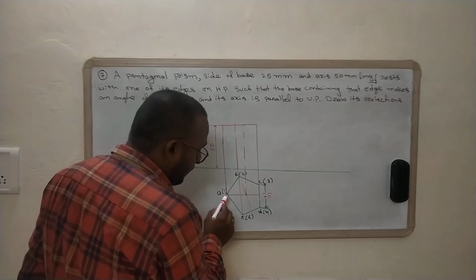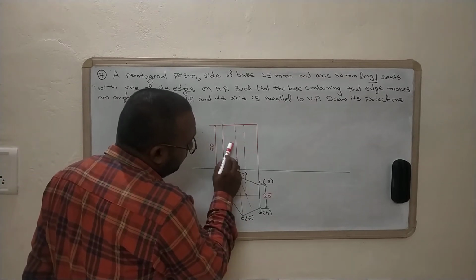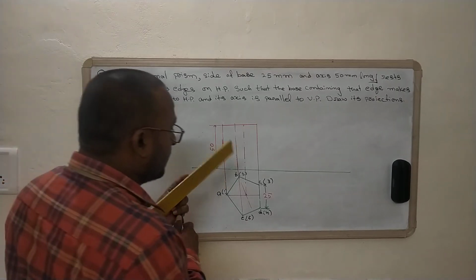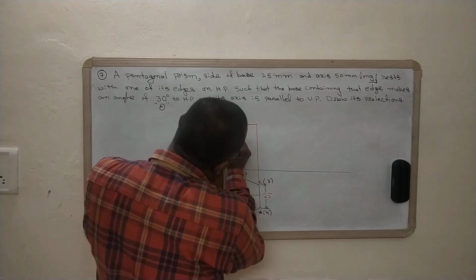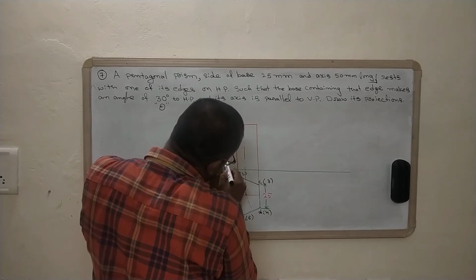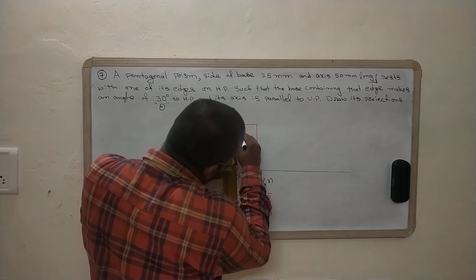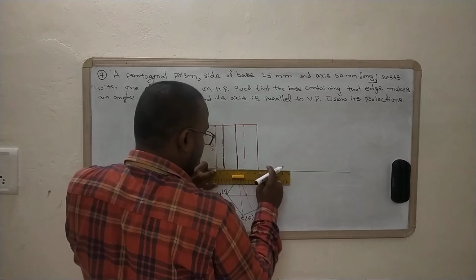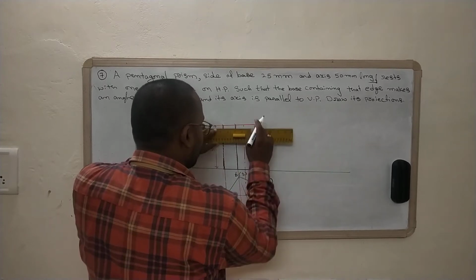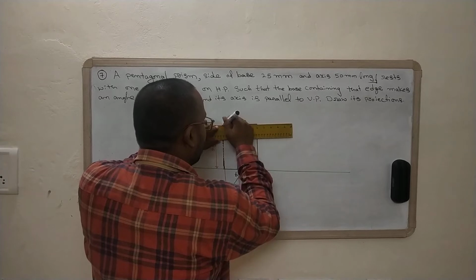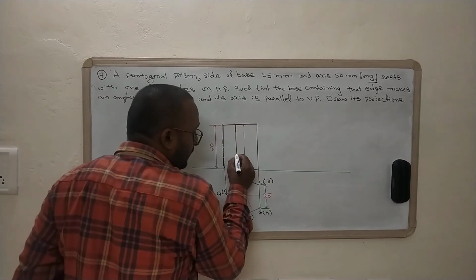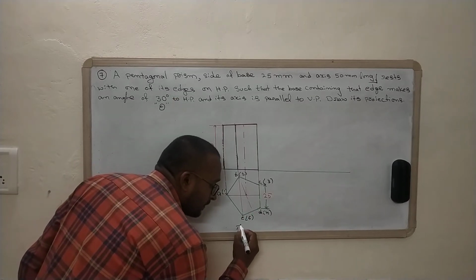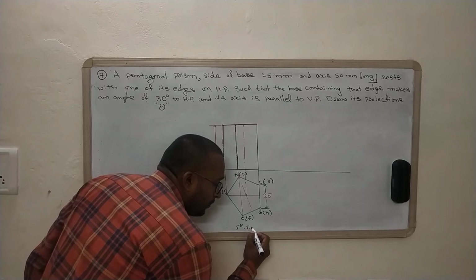Now here in front of you, 1, 2 surfaces are going to be visible, so we must highlight those 1 and 2 surfaces. Axis height is about 50, and this is the first top view.